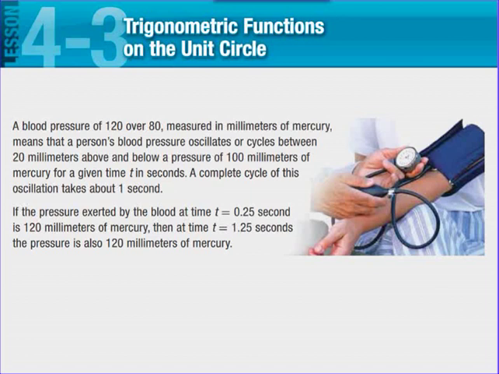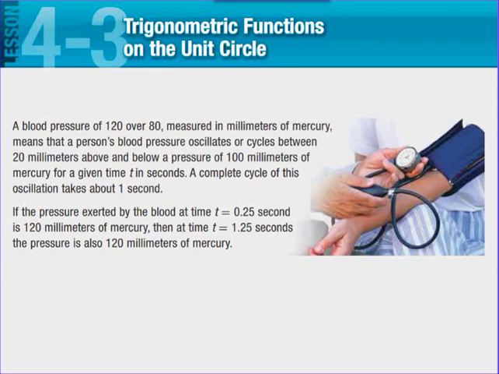It says a blood pressure of 120/80 measured in millimeters of mercury means that a person's blood pressure oscillates or cycles between 20 millimeters above and below a pressure of 100 millimeters of mercury for a given time t in seconds.